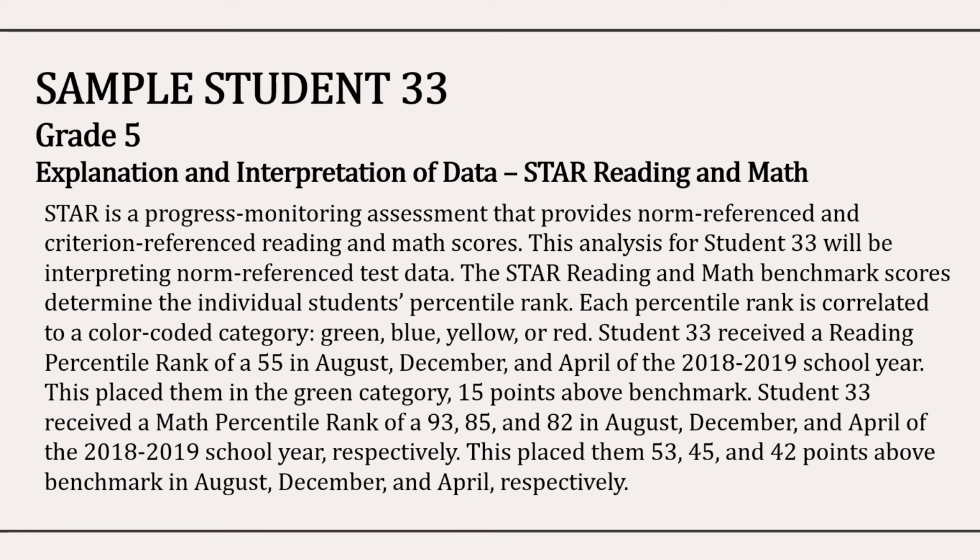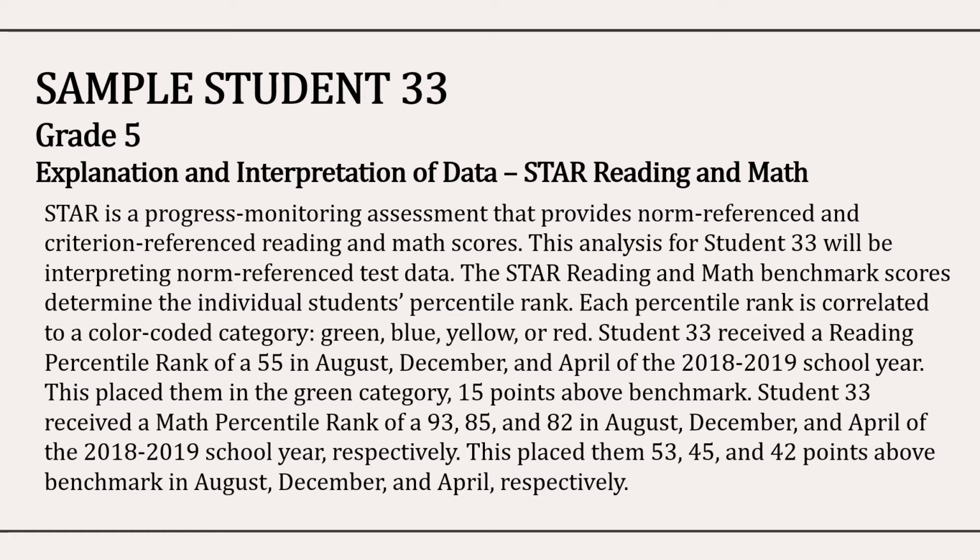This analysis for your child will be on STAR reading and math, which is on the norm reference scale, meaning that the students must receive a rank for which percentile they score in.